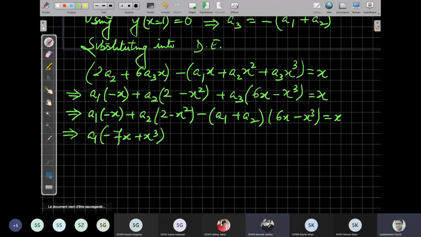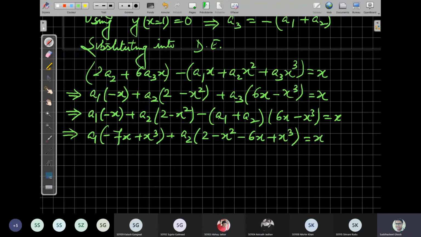Yes, sir. Then after that, what will happen to a2? 2 minus x square. Then 6x plus x cube, equals x. That is equal to x. Up to here, this is okay.